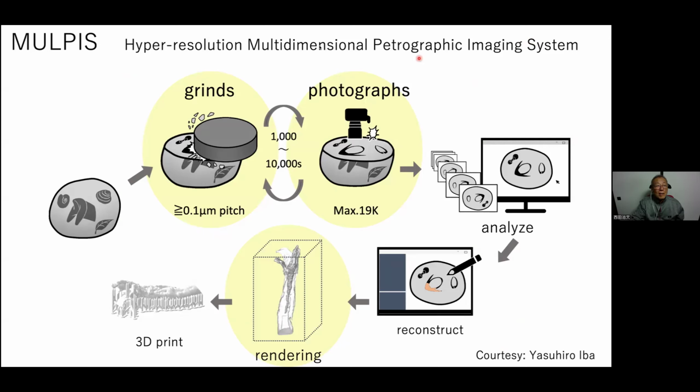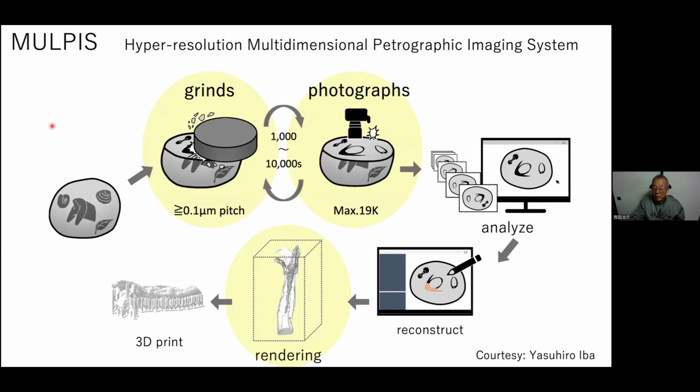I cannot see the letters because of the control panel of the presentation. So you can probably read it. And this method is designed by Professor Yasuhiro Iba of Hokkaido University.